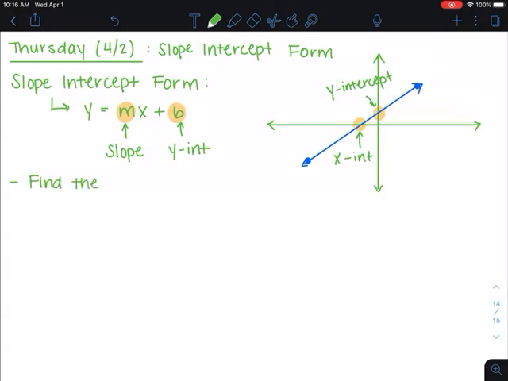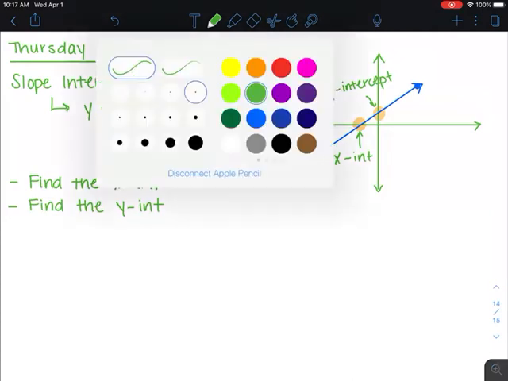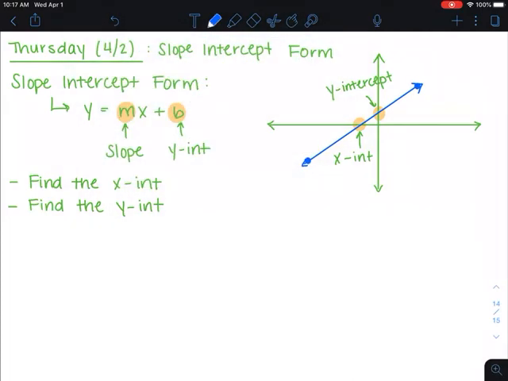We're also going to find the x-intercept, and we're going to find the y-intercept. I recommend taking notes on this. It should help you guys with this assignment that'll be coming up. So the x-intercept, you can see it's here.